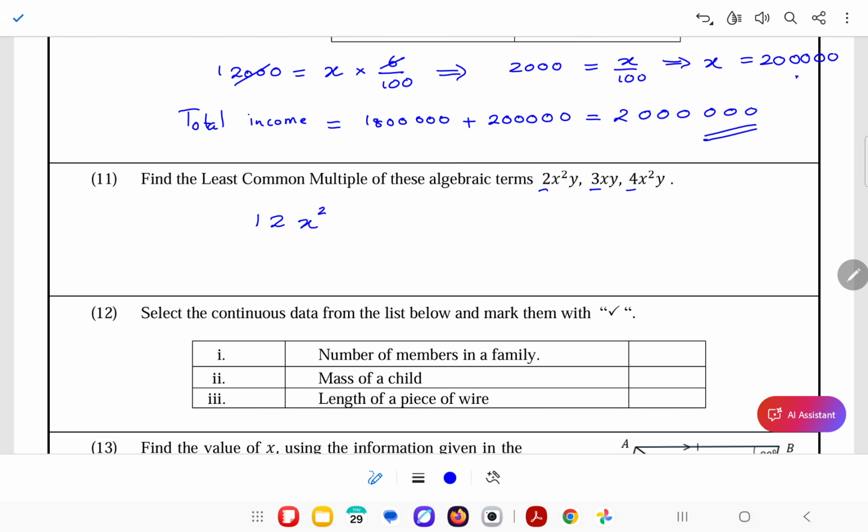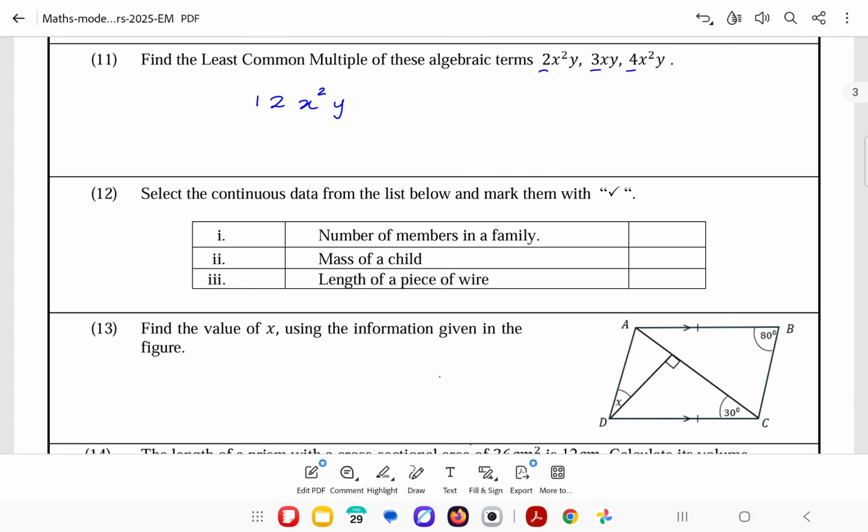There's the x squared and all three terms have a y. First do the numbers. 2, 3, 4. Least common multiple is 12. Then do the x terms, which is x squared. Then the y terms. Y, only y, no? All three terms have a y. So least common multiple becomes 12 x squared y.